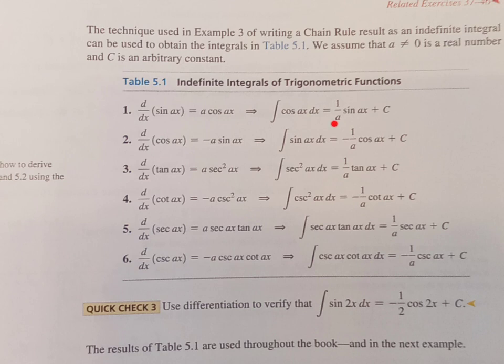And then, since the derivative of sine is cosine, when we take the antiderivative, now we're at sine. So you can just memorize these. You should have them basically memorized already. You just got to know which direction we're going in.